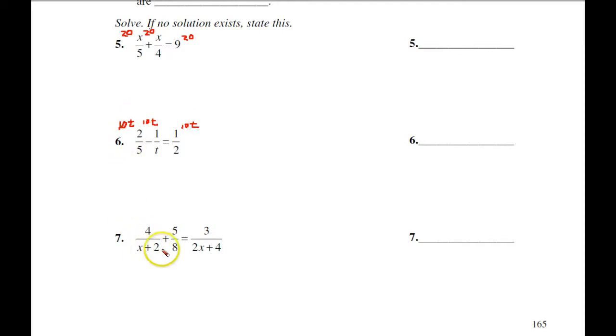Now here it gets a little more challenging because we have an 8 there, but if I factor this, I get 2x plus 2. So my least common multiple will be 8 times this.